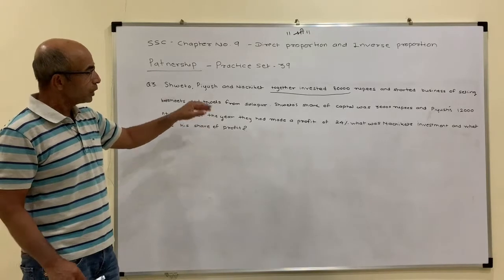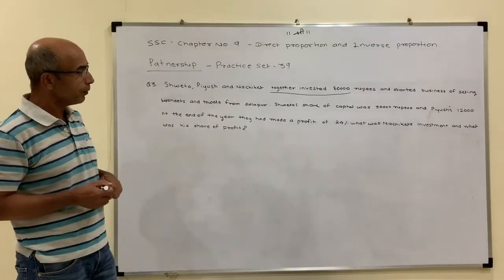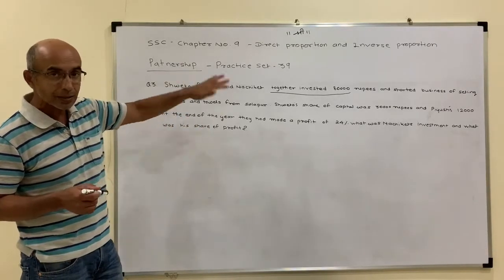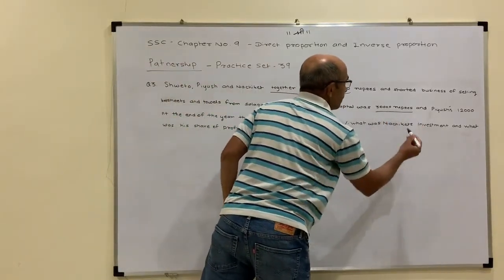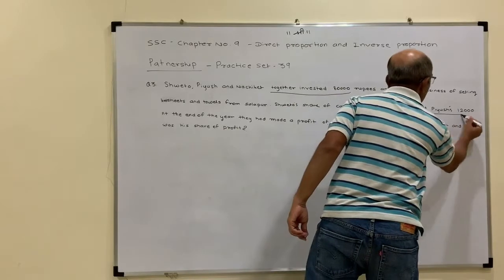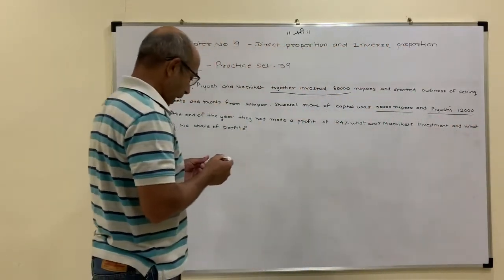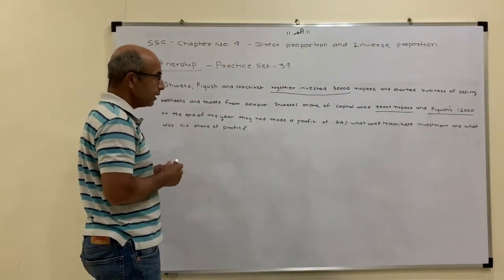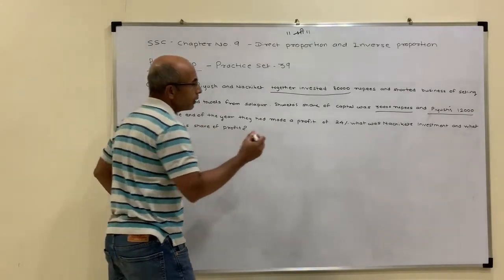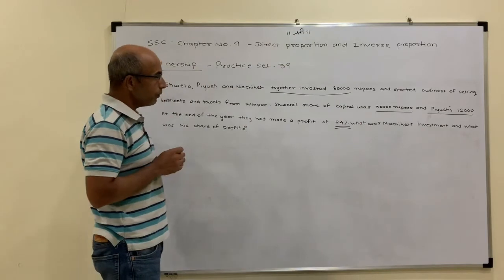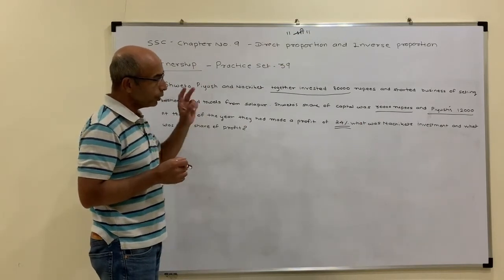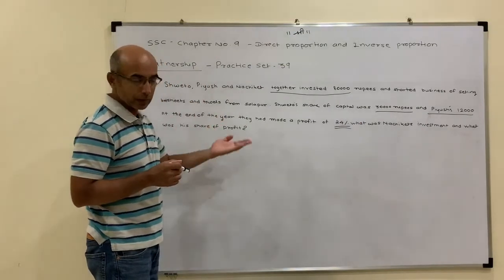Now what they say, Shweta's share of capital was 30,000 rupees and Piyush's share was 12,000 rupees. At the end of the year, they made a profit of 24,000 rupees, 24%. Yeah, and the question is, what was Nachiket's investment?